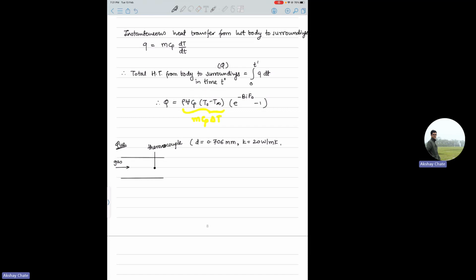So we'll continue with the same notation. Let's say Cp as 400 joule per kg Kelvin. It looks like some alloy of steel. Rho is 8500 kg per meter cube.